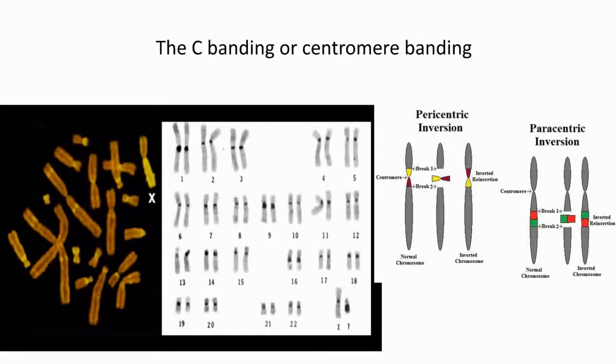It tells you the location of the centromere, okay? So basically, C banding or centromere banding results from the alkali treatment of chromosomes, okay? The centromere staining is absent in the G band pattern. And the C bands are associated with heterochromatin along the chromosome and around the centromere. Okay, that's the C banding.